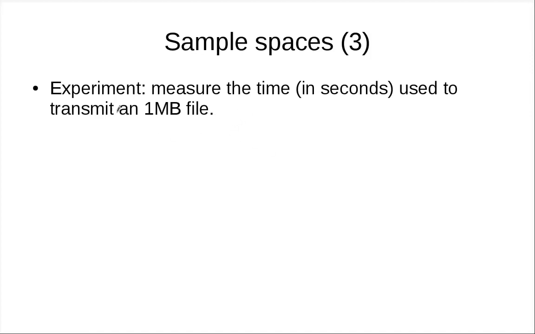For example, if you measure the time in seconds used to transmit a 1 megabyte file, the sample space S is the set of all real numbers x such that x is between 0 and infinity. So it's the set of non-negative real numbers.